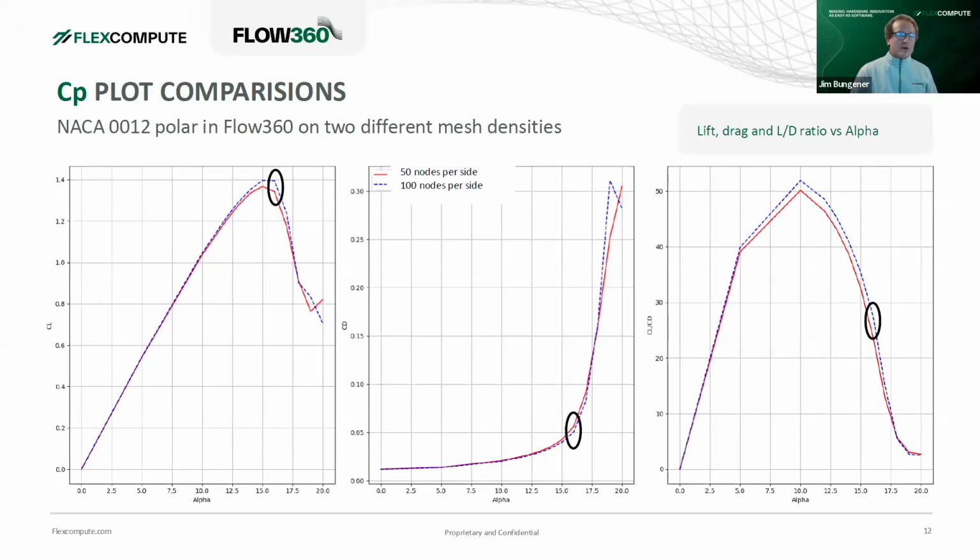So the moral of the story here is that until you have seen a comparison that shows you the data that you care about, you really have to take comparisons with a grain of salt. The key concept here is, for a lot of us, we're interested in forces and moments. So get comparisons that compare forces and moments. CP plots are great, but they can hide a lot of differences within 2 seemingly identical plots.